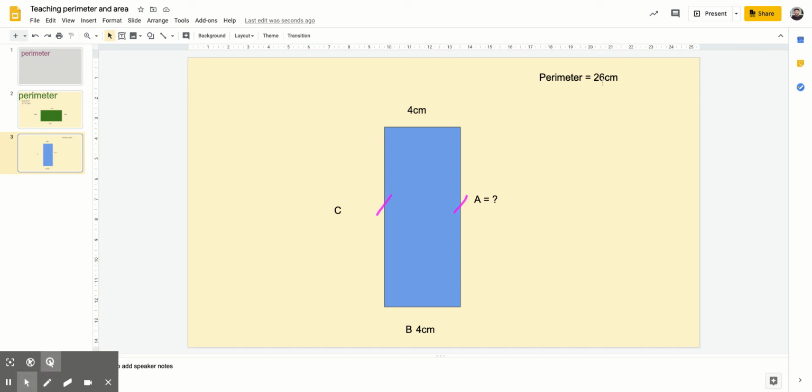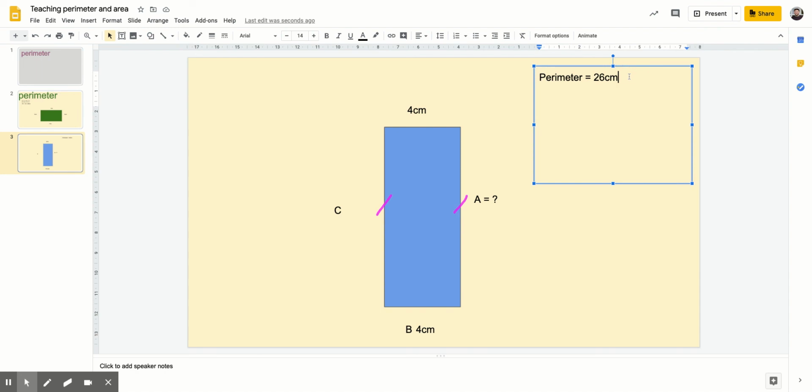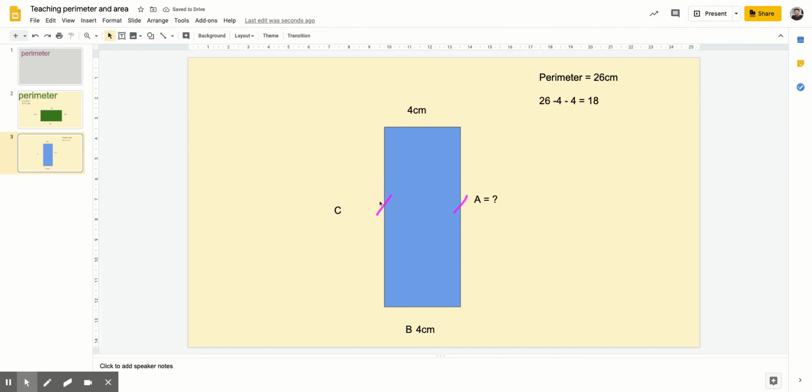So if I do 26, and I'm going to take away the two sides that I've found out already. So I'm going to take away 4, and then take away 4, which will get me to 18. And now I know that this 18 is C and A. I know they're the same size.